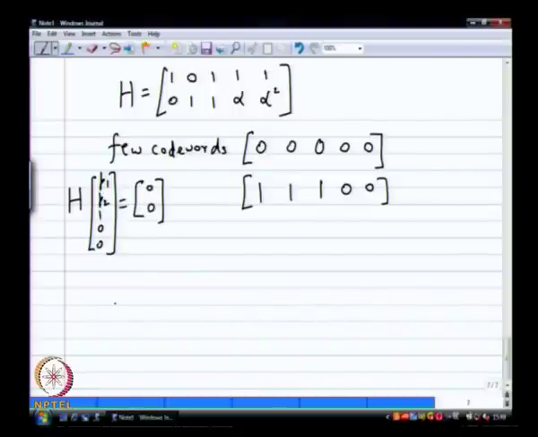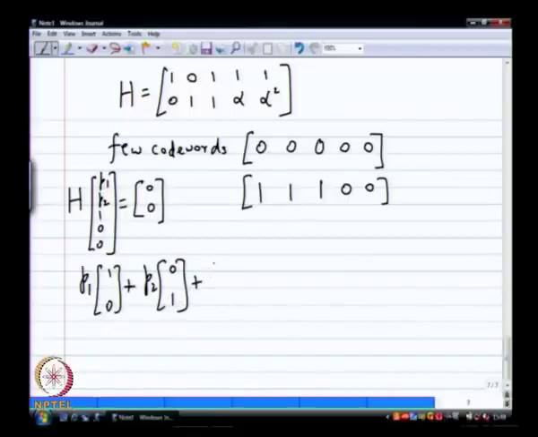Okay. Let me do this multiplication. When I do this multiplication, what happens? P1 times 10 plus P2 times 01 plus 1 times 11 plus 00 and all that. Okay, this equals 00. Okay, so this is the same thing as what we saw before.